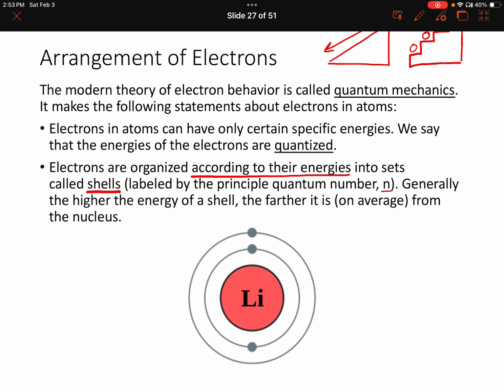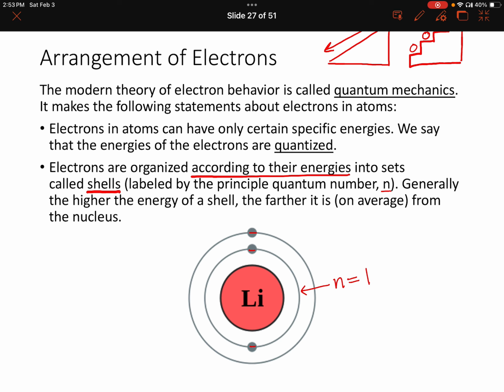So for example, down below I have a picture of a lithium atom, and it has 3 electrons. The first 2 electrons are in the first energy shell, which is closest to the nucleus. So we're going to call that energy level 1, or n equals 1.